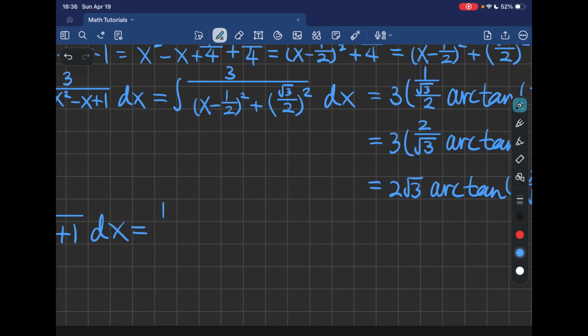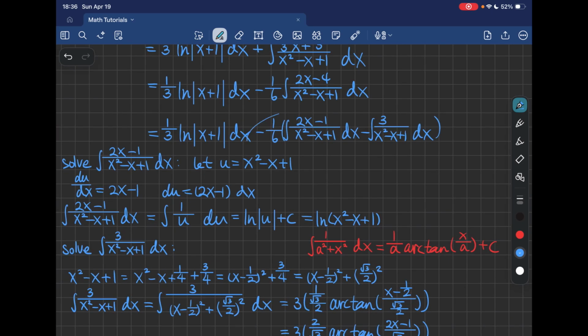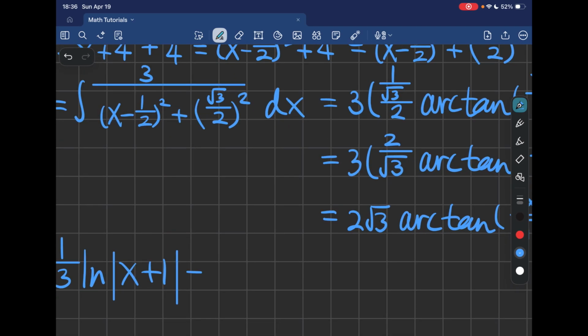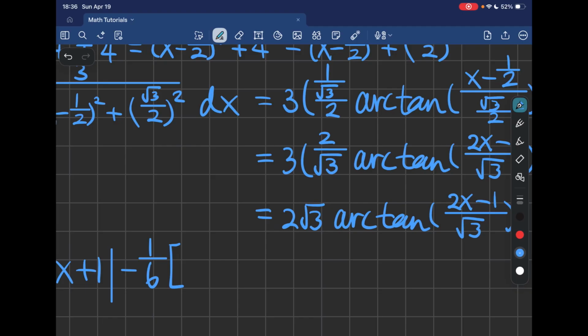Equals, we already have this part, 1 over 3 ln of the absolute value of x plus 1. So now we're dealing with this part inside, minus 1 over 6 times, oh, that's a big thing inside.